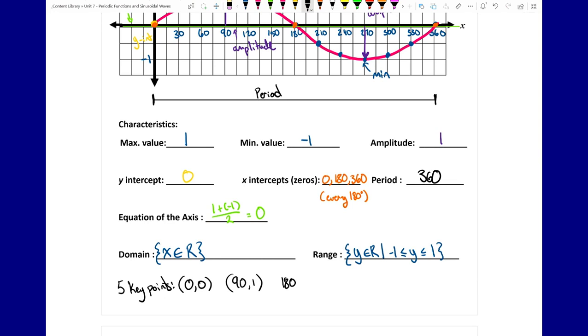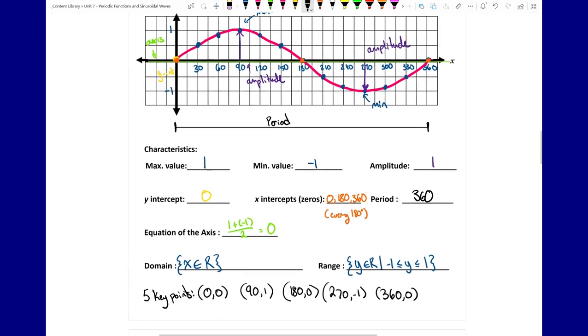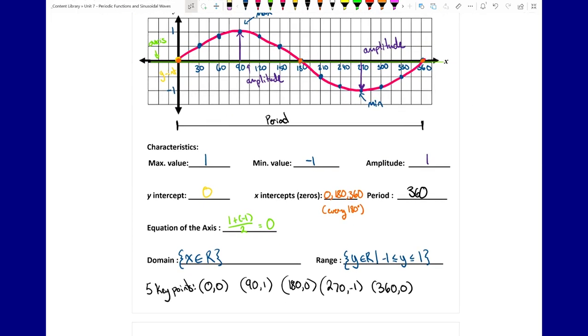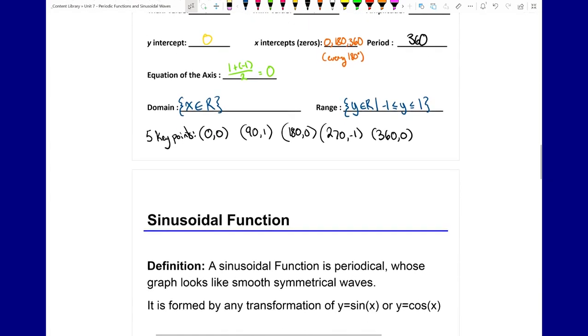We have 180 and 0 for our third point. We have 270 and -1 for our fourth. And we have 360 and 0. So those are the 5 key points that we want to have for our sine wave, because if I can plot those 5 points, I can easily see or sketch the sine wave.